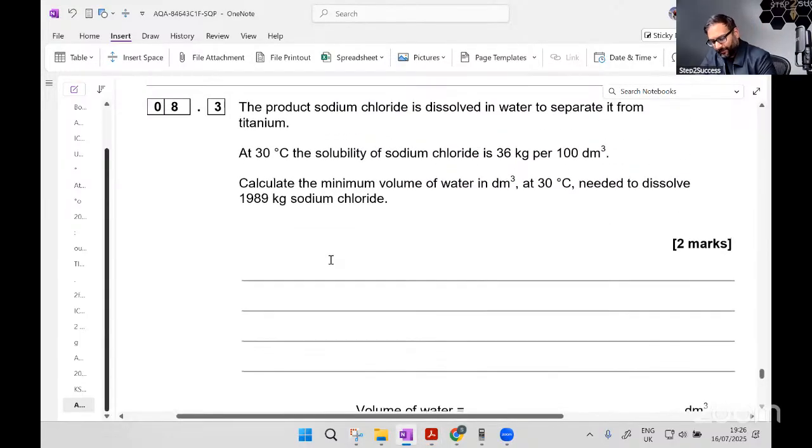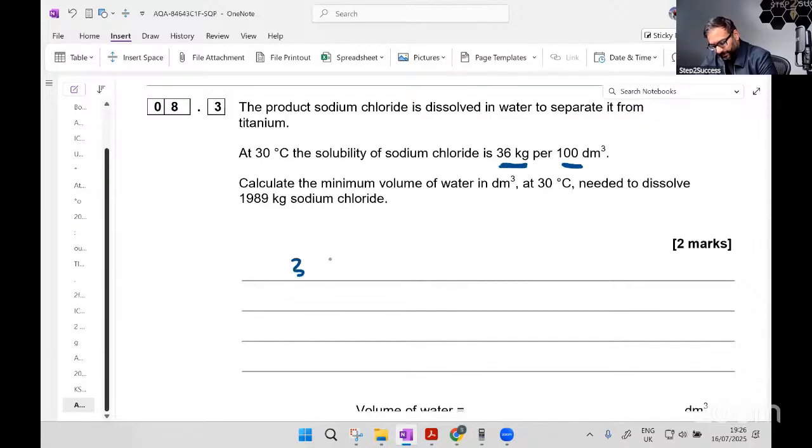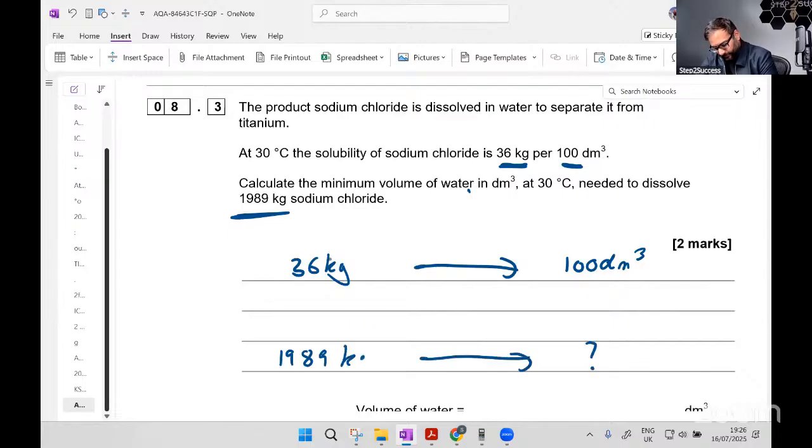So what they're telling you is that this much sodium chloride dissolves in this much water. 36 kilograms dissolves in this much water. The question is, how much water do we need if I've got this much sodium chloride? So more, obviously, because it's a bigger number. But how much more?